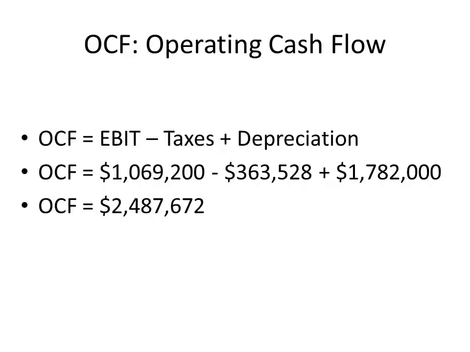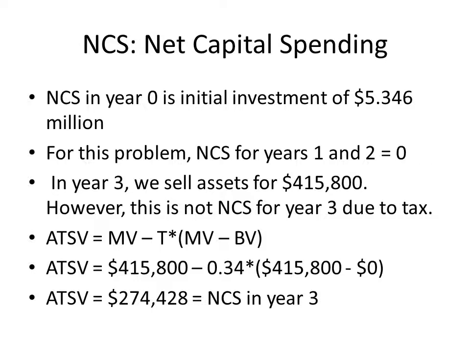So we have our EBIT from the previous slide of $1,069,200. We're going to subtract the taxes we calculated earlier and add back the depreciation that we calculated earlier. And that's going to give us an operating cash flow of $2,487,672.